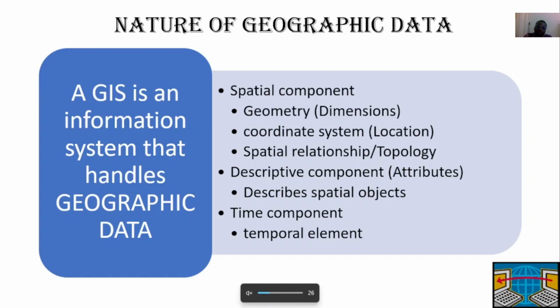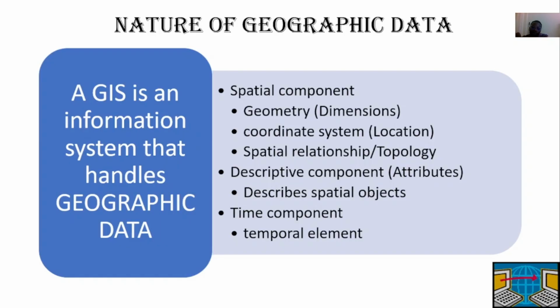The spatial component involves the geometry, as in the dimension and shape of the entity you are capturing, and the coordinate system, as in the location. So you see, data here is nothing without the coordinate system. Then the spatial relationship, as in the topology: does it share its boundary with other spatial entities?